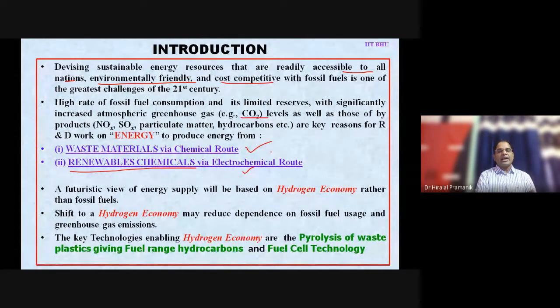So you are minimizing waste material and getting a better quality of fuel, which can be used in an IC engine directly, just like gasoline, or petrol, and diesel-like fuel. The second option is renewable chemicals like ethanol and glycerol. These are renewable. We can produce as much as we want using biomass resources. Then using a technology like a fuel cell, via electrochemical conversion, you can get electricity directly, right?